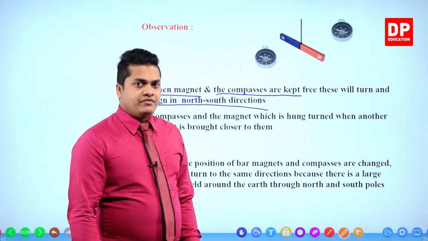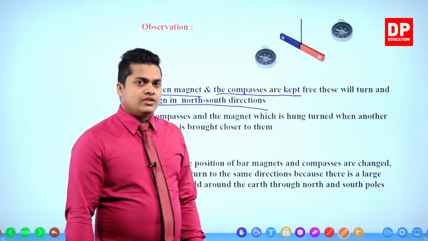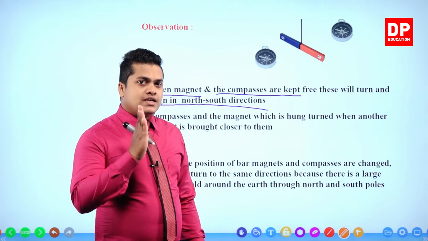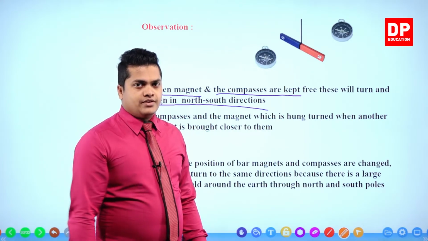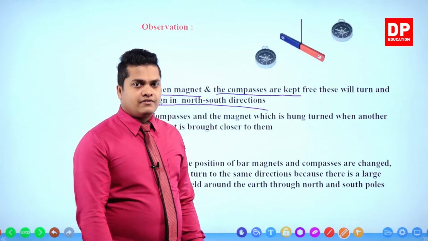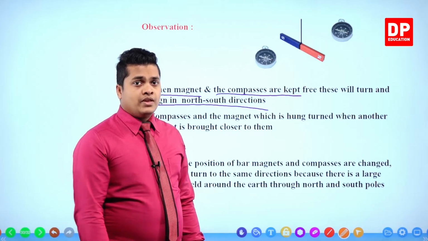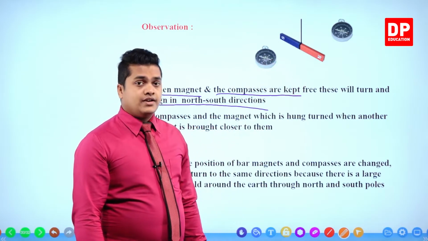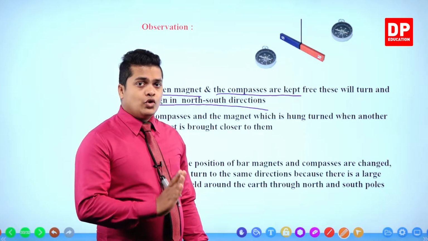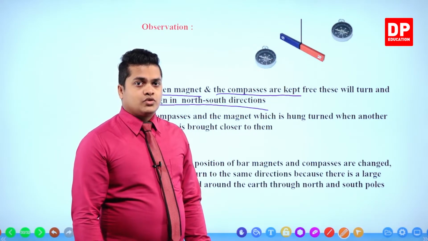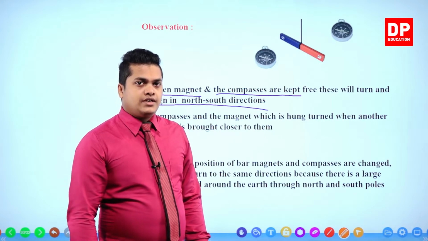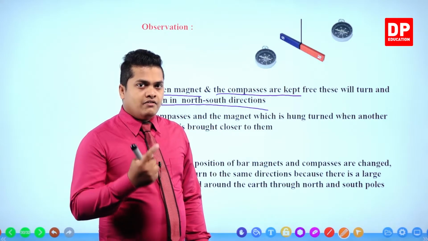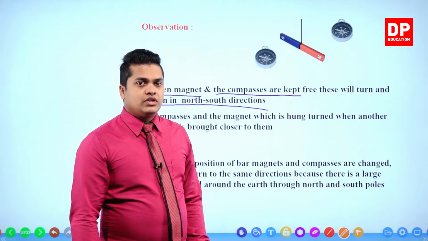So, my dear children, we can come to the conclusion that magnets are only deflected or turned when there is a magnetic field. Then how does a freely hung magnet turn to the north and south direction? It is obvious that our Earth contains a magnetic field which runs from north to south.